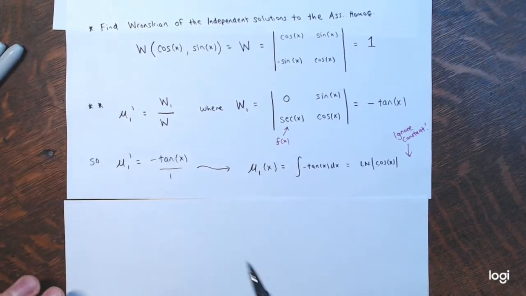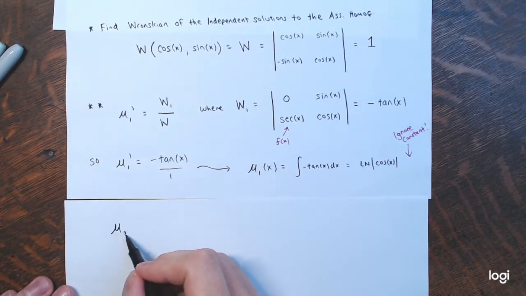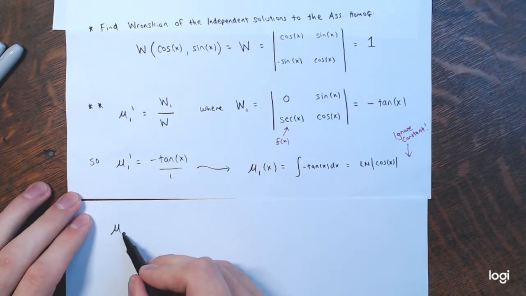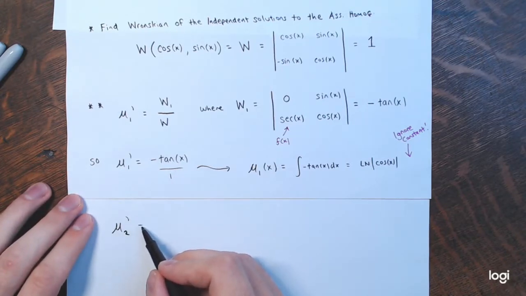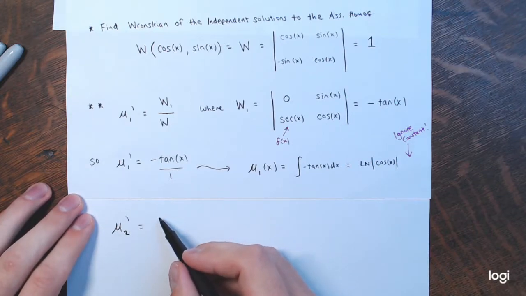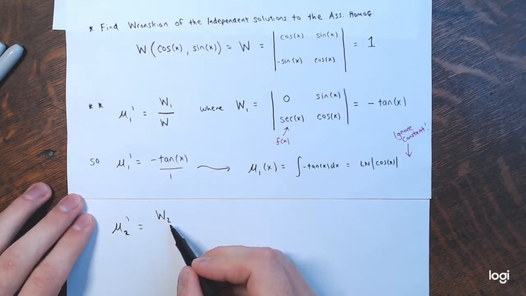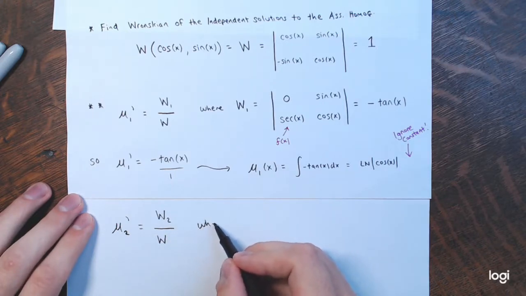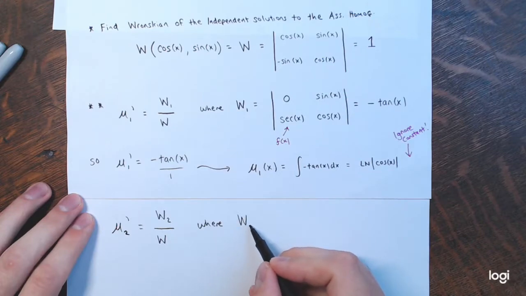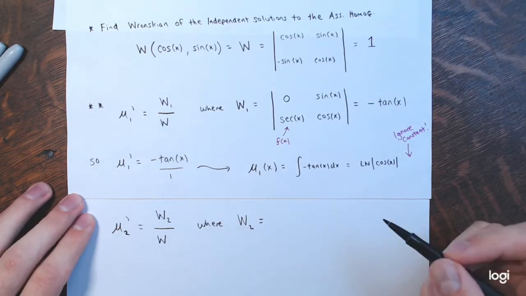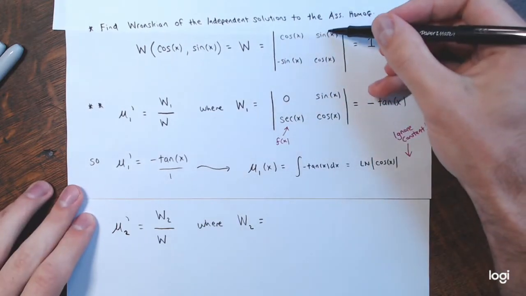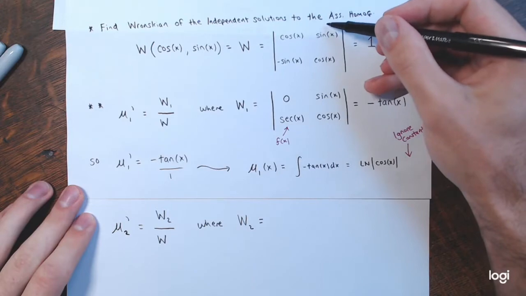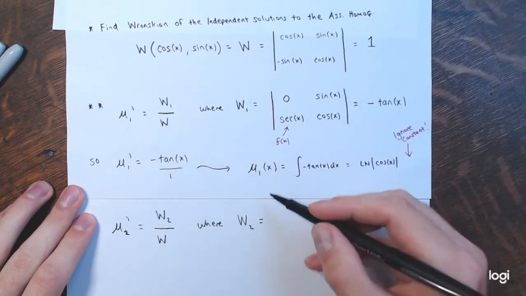Alright, so u2 prime. Right, u2 is going to be a function. Again, I'm not going to go into the development of this, just u2 prime, the derivative of u2, will be w2 divided by w, right, where w2 is again the same as the original Wronskian, but I replace the second column with the 0 all the way down to f of x, so this 0, secant x.